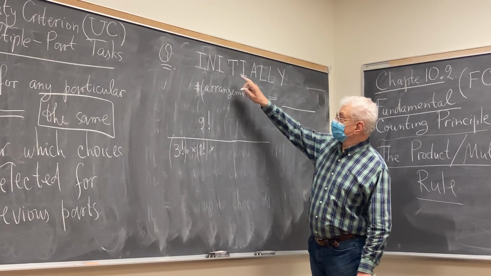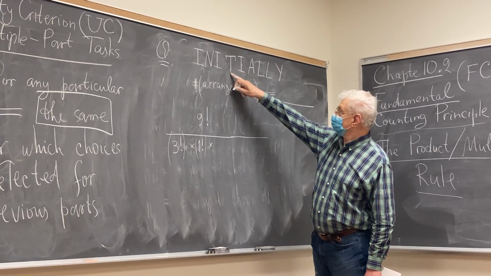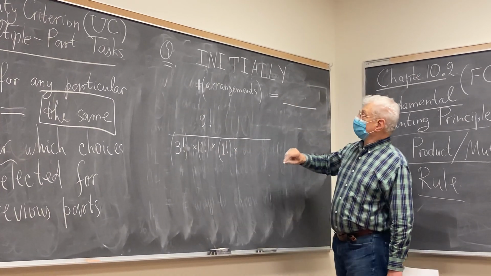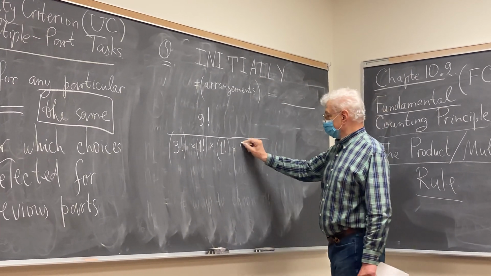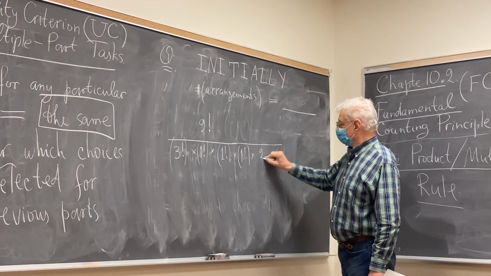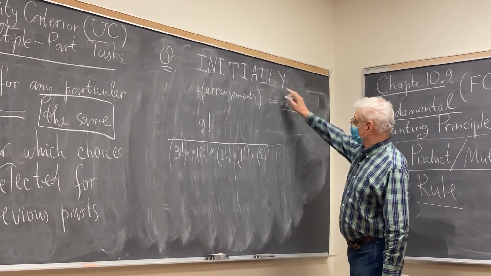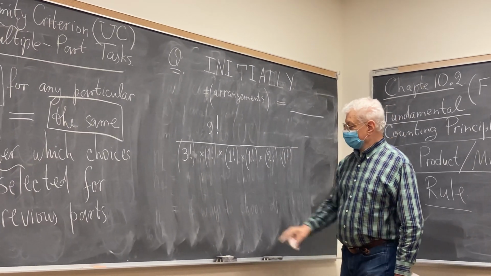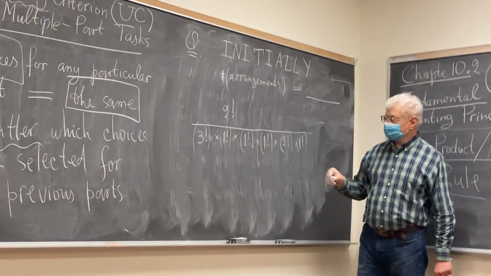Next is T. How many T's do you have? Also 1. 1 factorial times. How many A's? Also 1 factorial. How many L's? 2 factorial. 2 of them. And how many Y's? 1 factorial. Okay, 1 factorial is 1, so you do not need to count them.